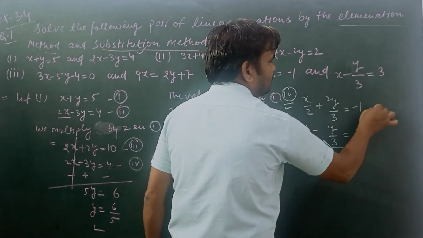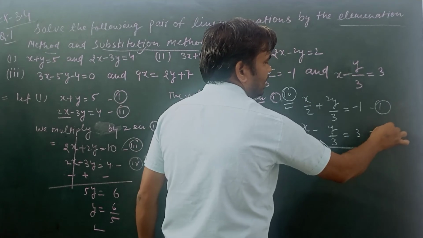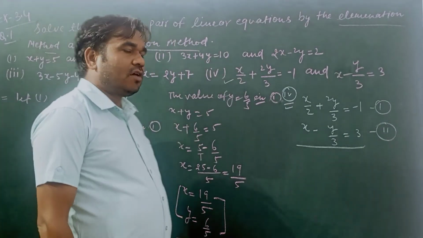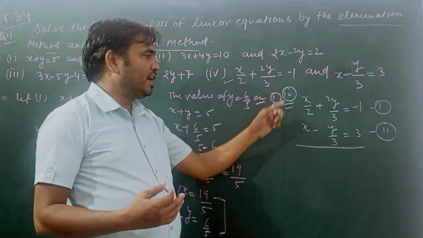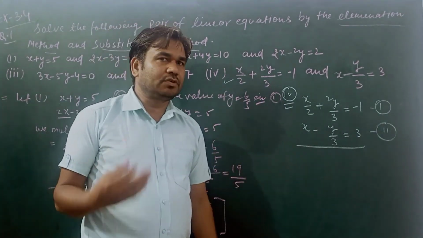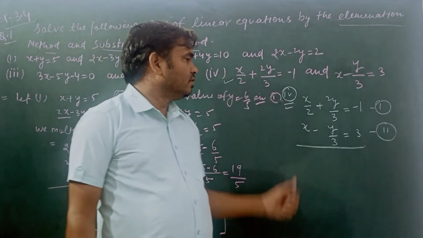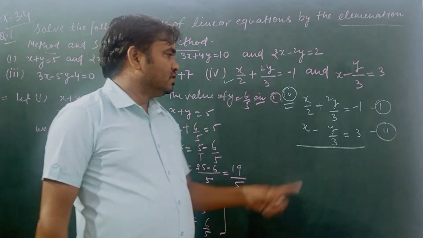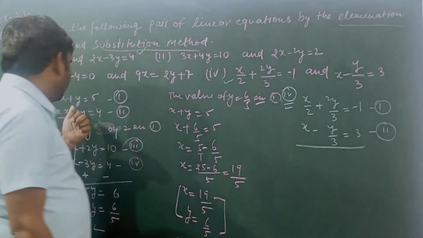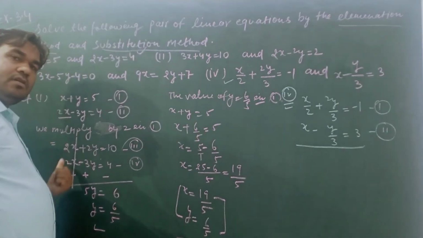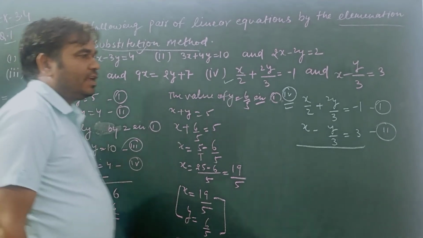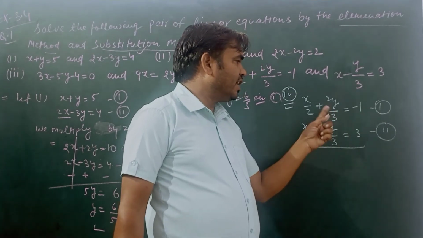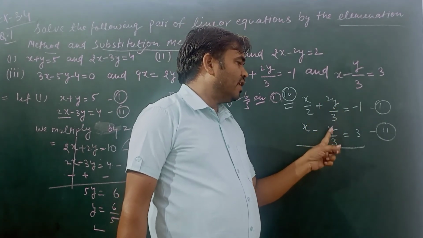This is equation number 1 and this is equation number 2. We have to make one variable's coefficient equal; here we make the y coefficient equal, 2y over 3 and y over 3.